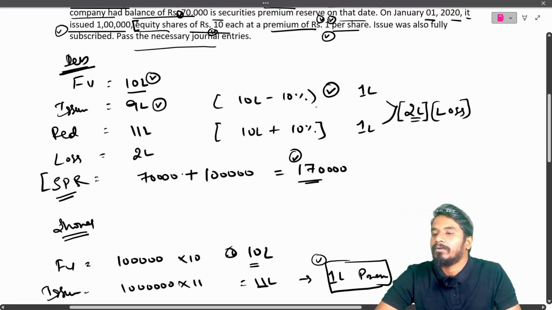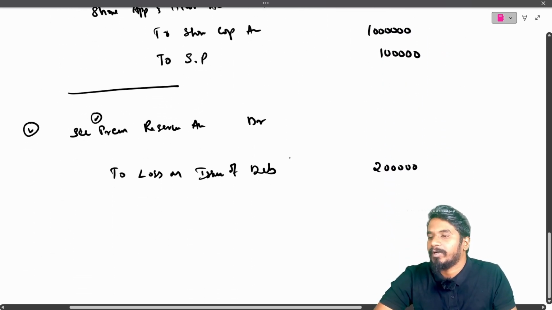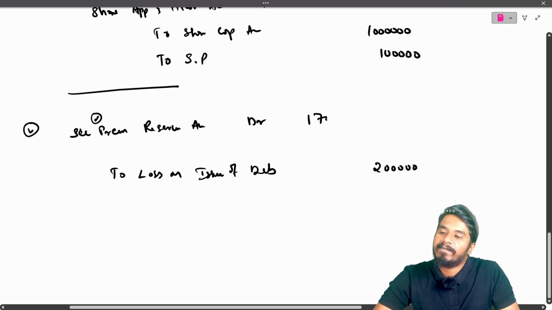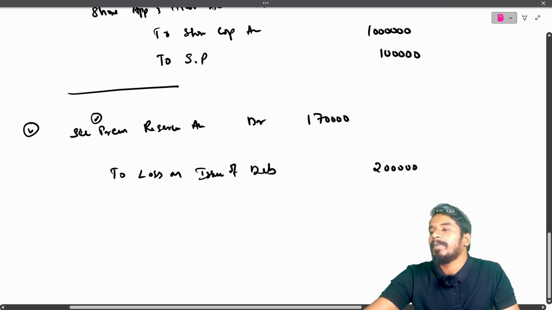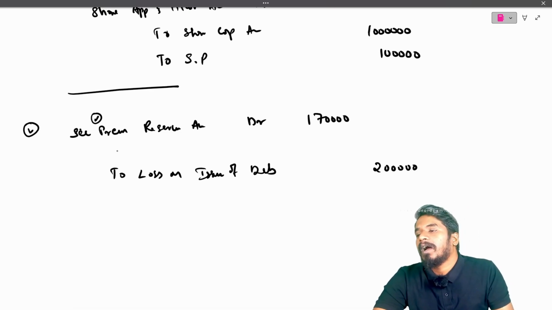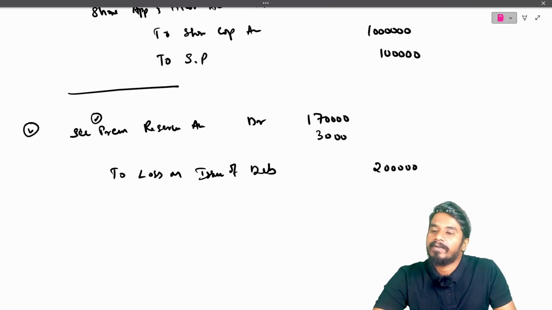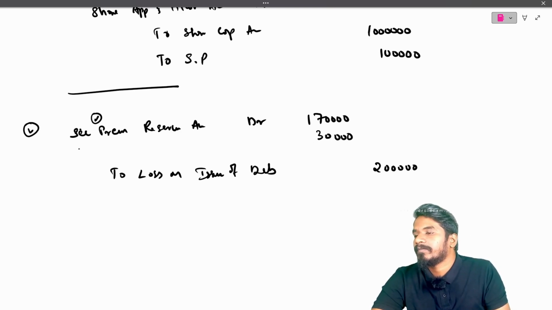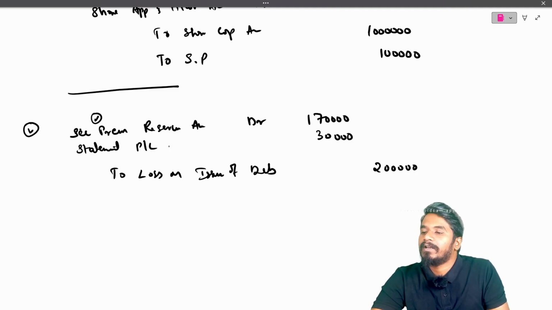So that also, including, 1,70,000 we have in the security premium account. So till 1,70,000 we will cover it from security premium account, and the remaining 30,000 we will charge to statement of profit and loss account, right?